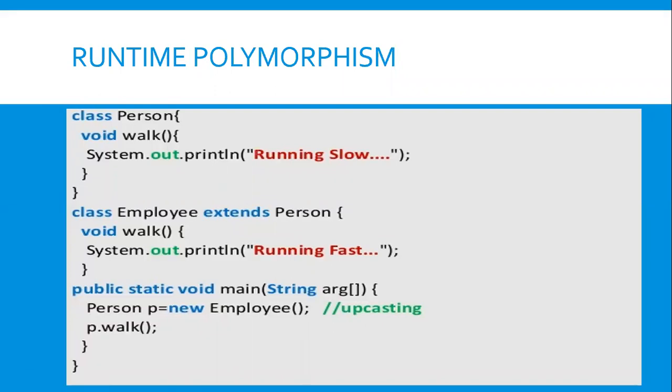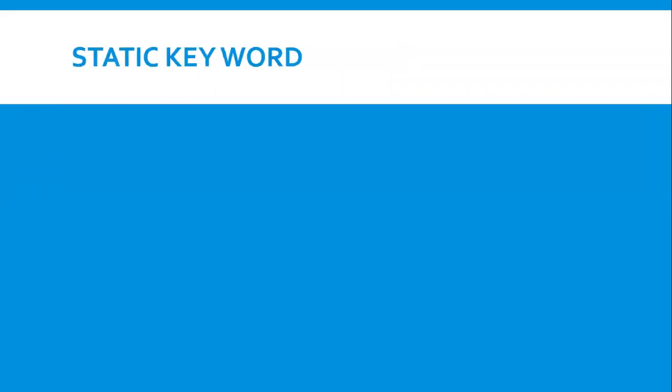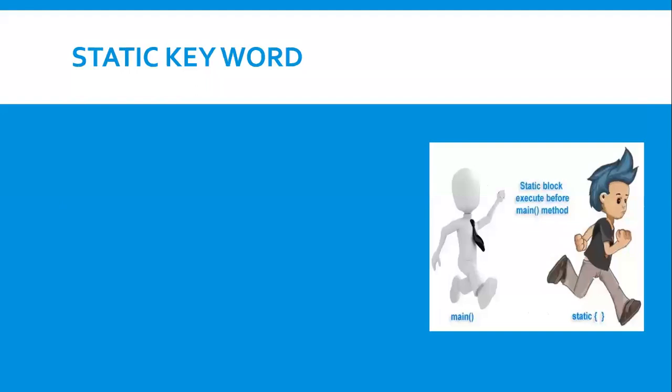Clear, all of you? Let us move on to the next concept, that is the static keyword. The static keyword can be applied to any method, any variable, or we can directly create a static block.